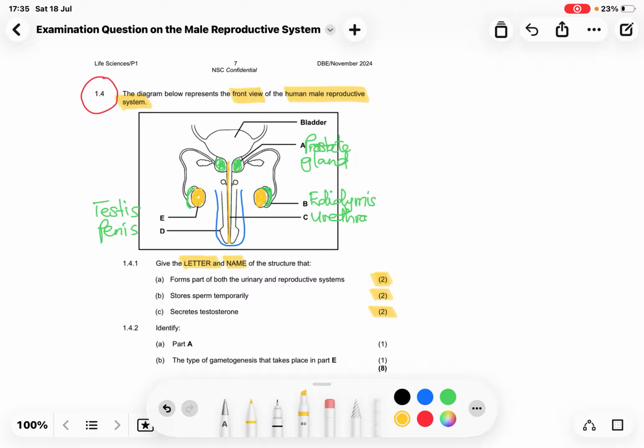All right, so for question 1.4.1, the question reads, give the letter and name of the structure that forms part of both the urinary and the reproductive system. So that's our question 1.4.1 part A. So let's look at how we answer that question.